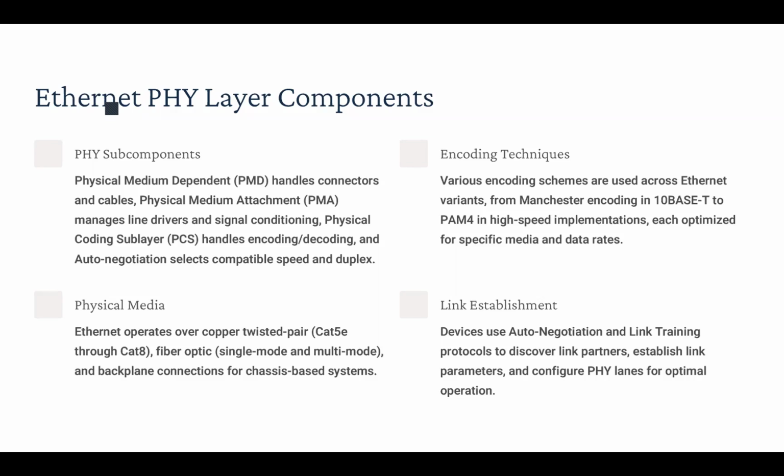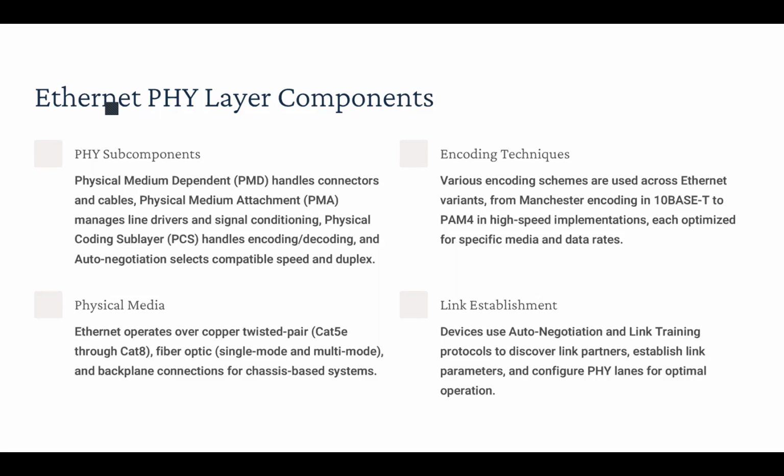Now, in the physical layer, we have encoding techniques, which include Manchester encoding and 4B/5B coding techniques. Another one is 64B/66B, which increases efficiency while it maintains the alignment.